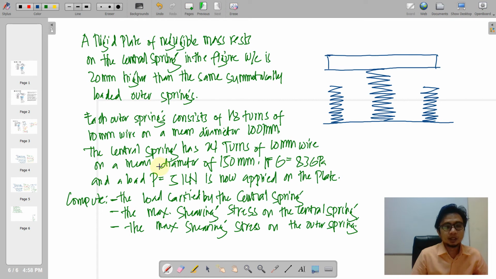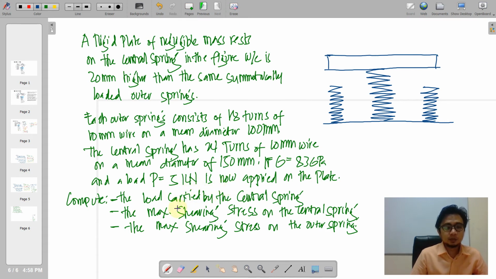So the central spring has also its properties, wherein N is 24 turns, and the diameter of the wire is 10 millimeter. The mean diameter is 150, and then the modulus of rigidity is 83 gigapascal. So the load P will be applied on the center of the plate.